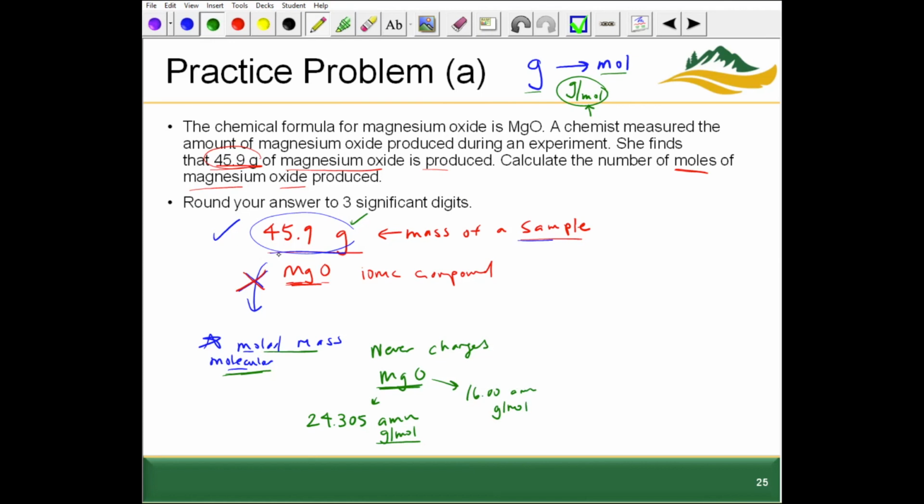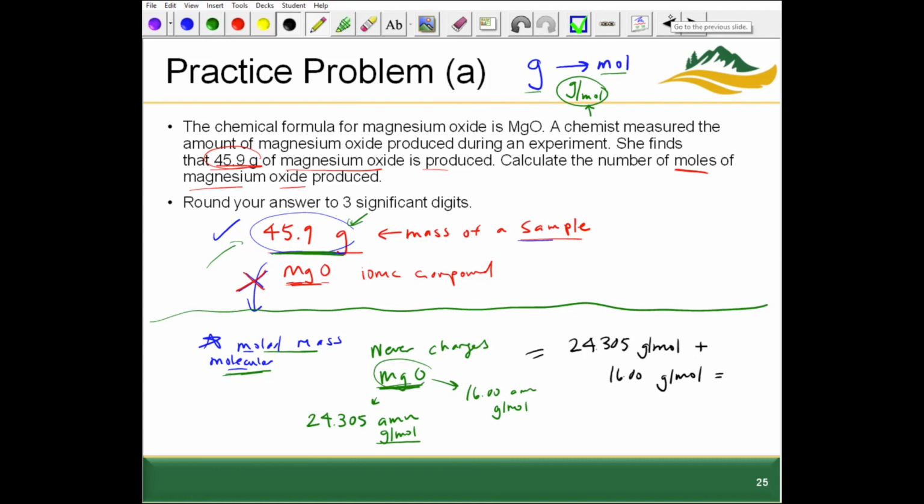Again, we're ignoring this mass for a second because we first need to figure out the molar mass. The molar mass is completely separate from however much amount that the person weighed out in lab. These are unrelated. We're going to use the molar mass to tell us how many moles were weighed out, but we need to find this first on its own.